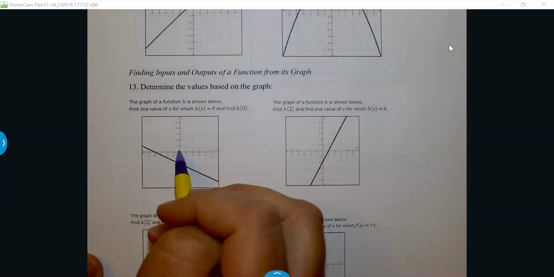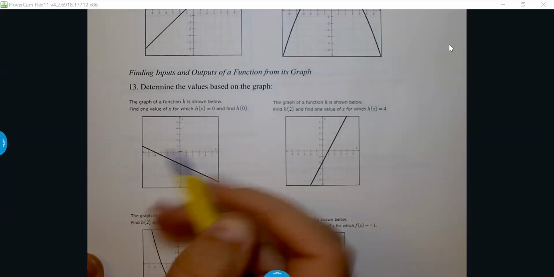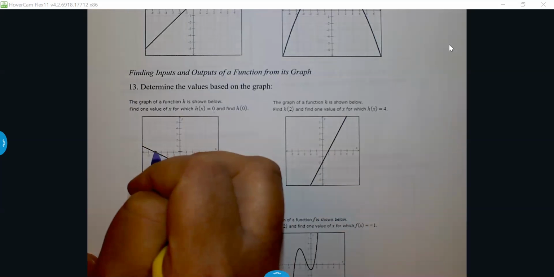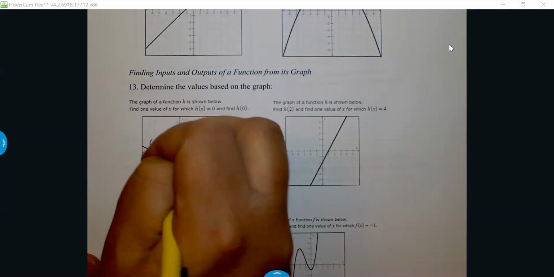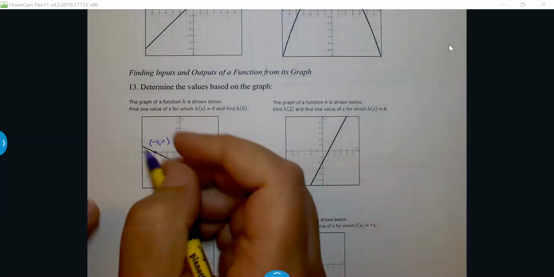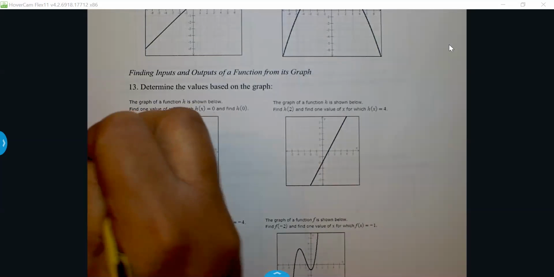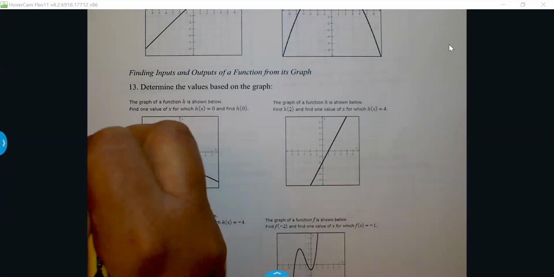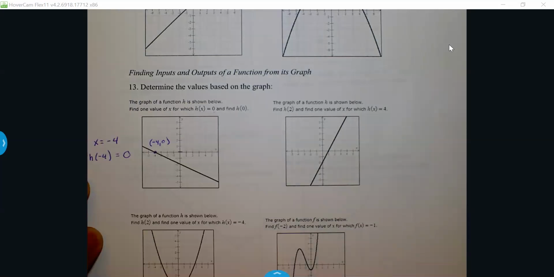So here our y value is 0, and I only see one point on this graph that has a y value of 0. That is the point (-4, 0). So our answer here would be x equals -4. So h of -4 equals 0.